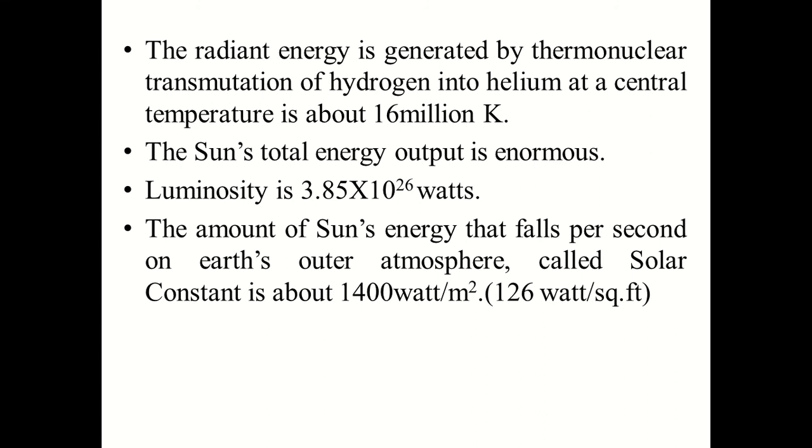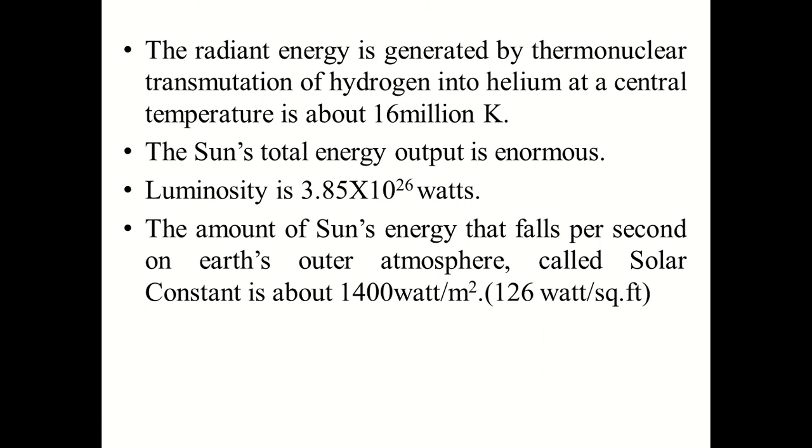Now come back again to the energy produced by the sun. I told you this radiant energy is generated by thermonuclear transmutation, which is called the nuclear fusion of hydrogen into helium at a central temperature of about 16 million Kelvin.